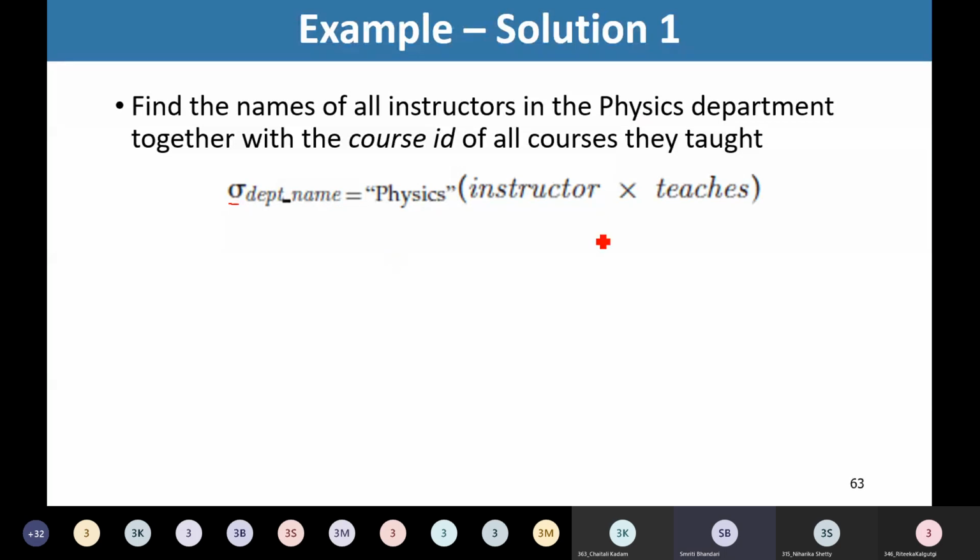So what are we ultimately getting out of this? In the last session, we have seen the output of instructor cross teachers. Instructor cross teachers will provide us the data such that every tuple from instructor gets paired with every tuple in teachers.